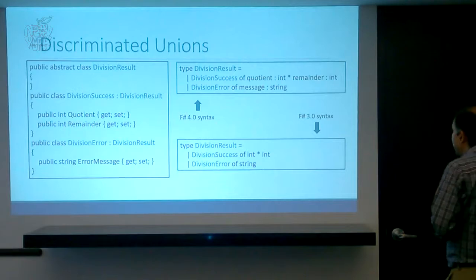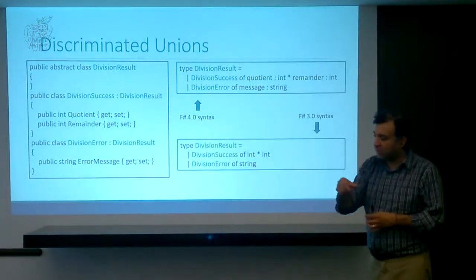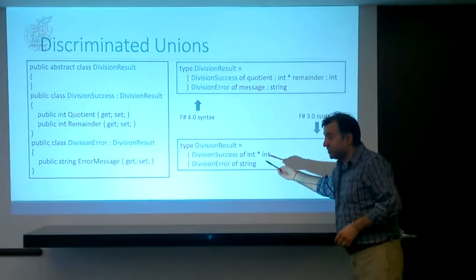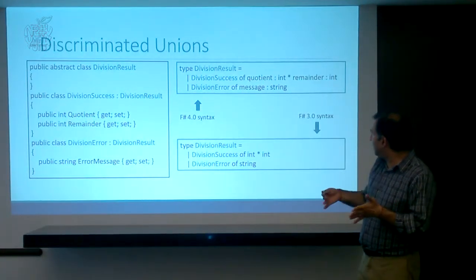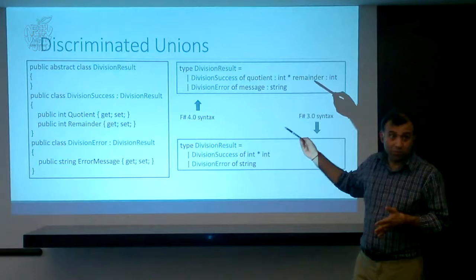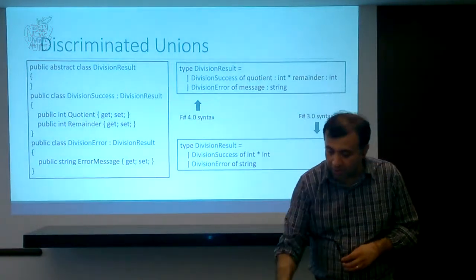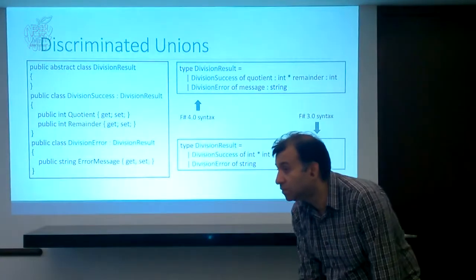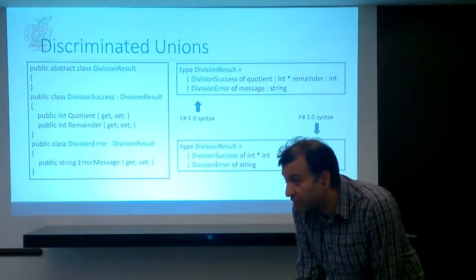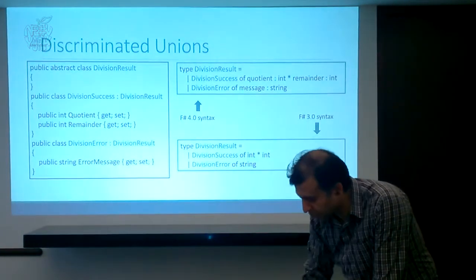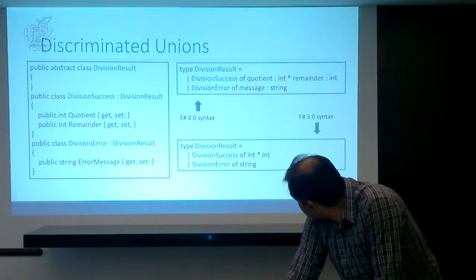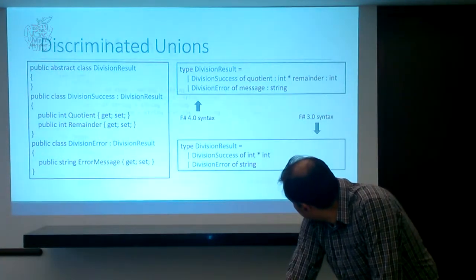When you use the unnamed syntax, you have to declare values in the order in which they are defined. So division success 3 comma 4 means quotient is 3, remainder is 4. In FSharp 4.0 you can name those individual fields. This is a new feature they've added in FSharp 4.